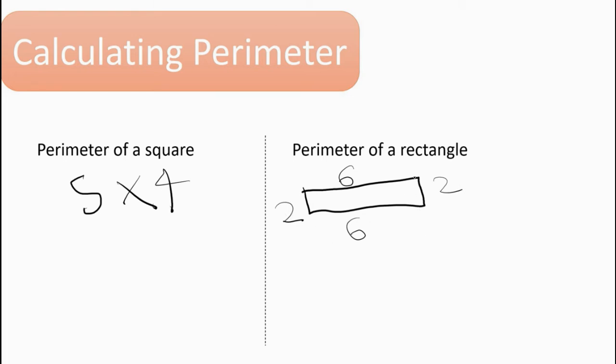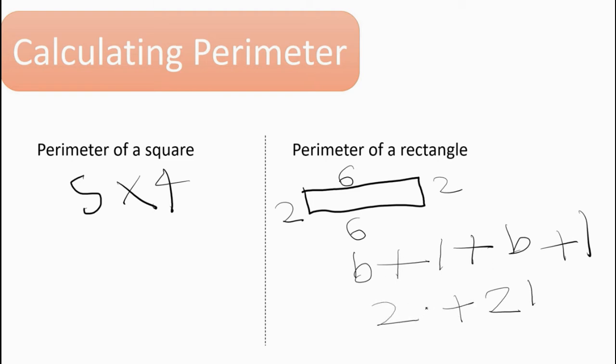In this case, let's say that 2 is the breadth, so it's going to be b plus l plus b plus l. So l plus l is 2 into l, and b plus b will be 2 into breadth. So it will be 2 into 2 is 4 and 2 into 6 is 12.